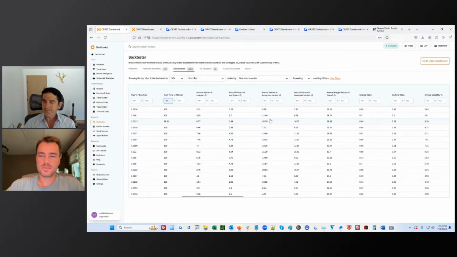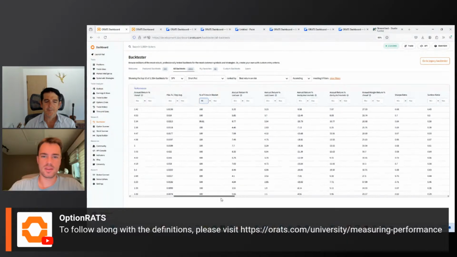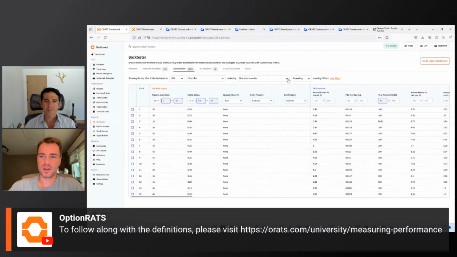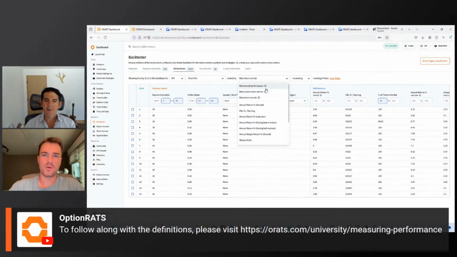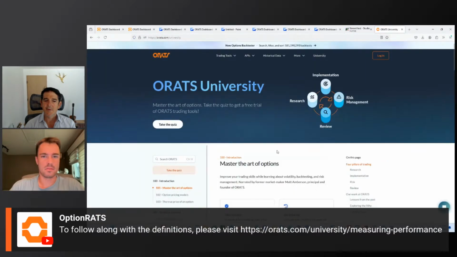It does. And I just posted in the comments, if you guys want to follow along with the definitions of these returns, like best return on risk or definitions of any of the parameters we're showing here, you can visit that link, and it's a page on our ORATS University that explains everything that Matt is talking about here in more detail.